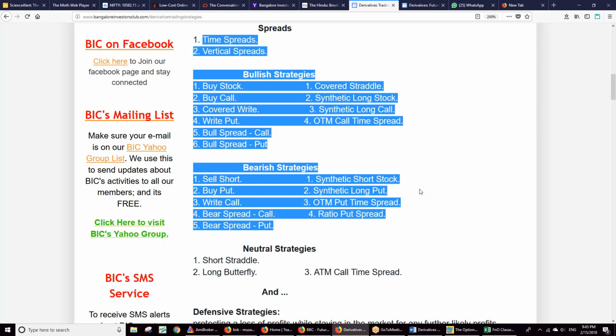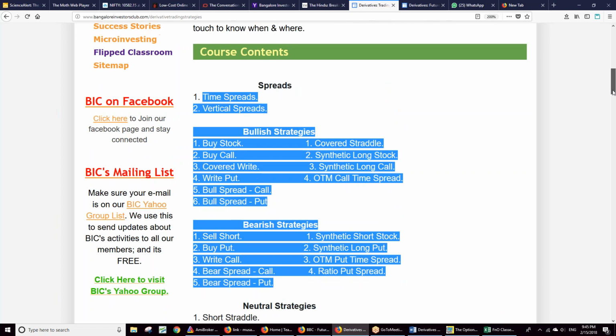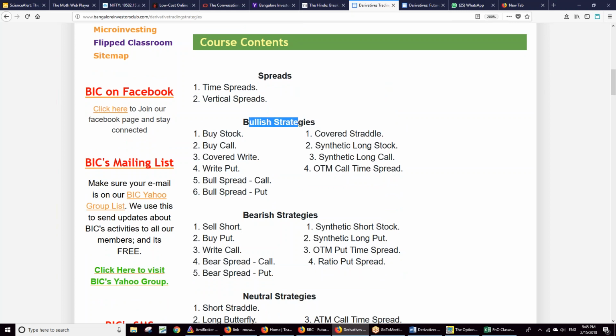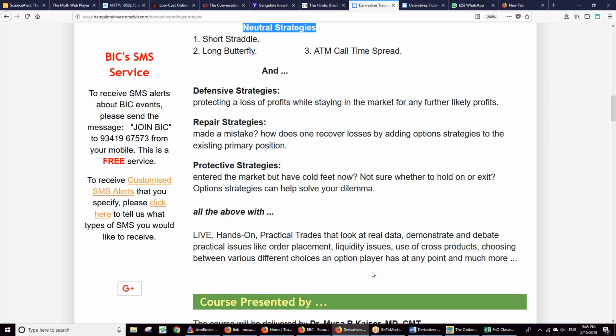All right. So generally, when anybody does an options strategies course, this is all there is: the part about spreads, the part about bullish strategies, the part about bearish strategies, and neutral strategies, and that's it. But we are going to go much further, and we're going to look at this section. This is going to make it really interesting.